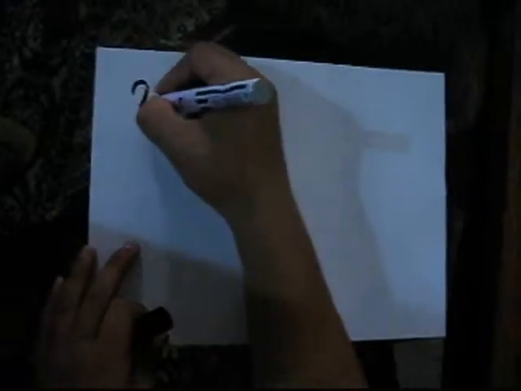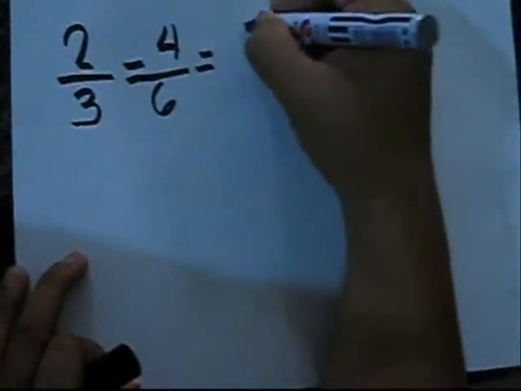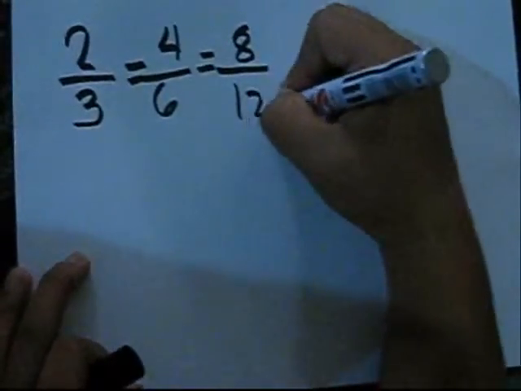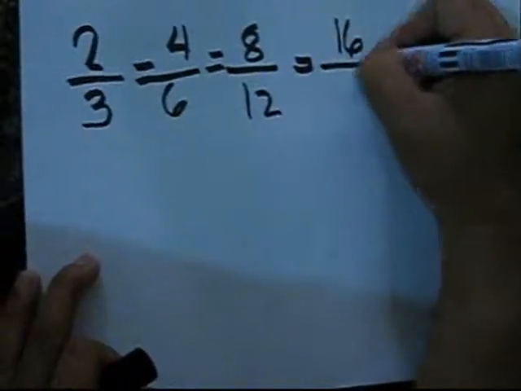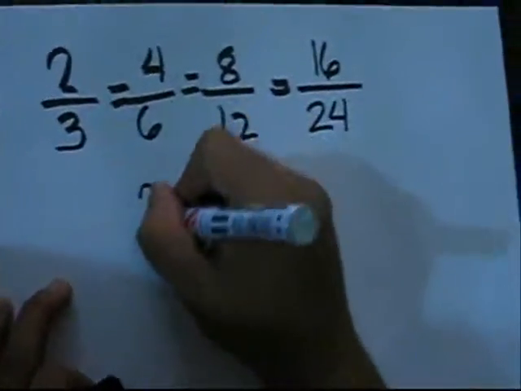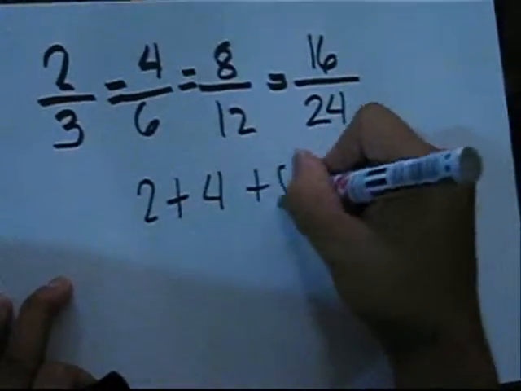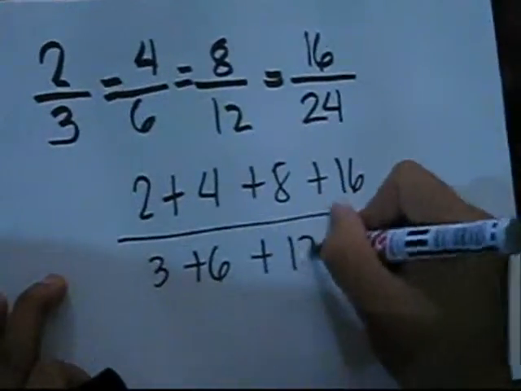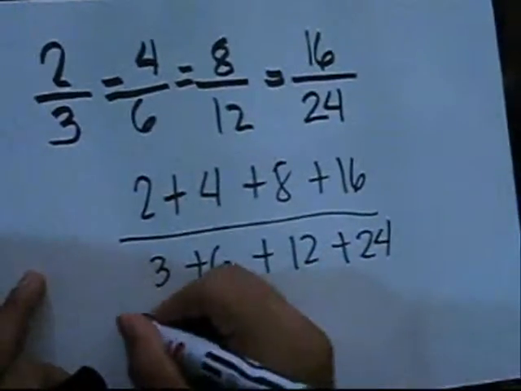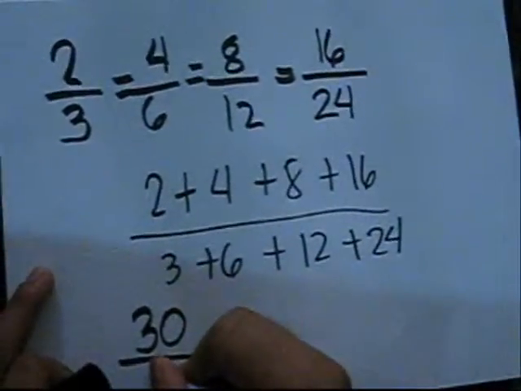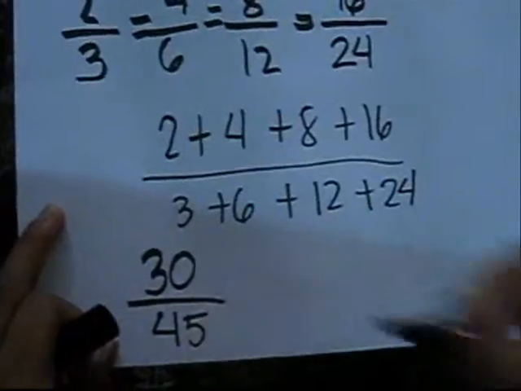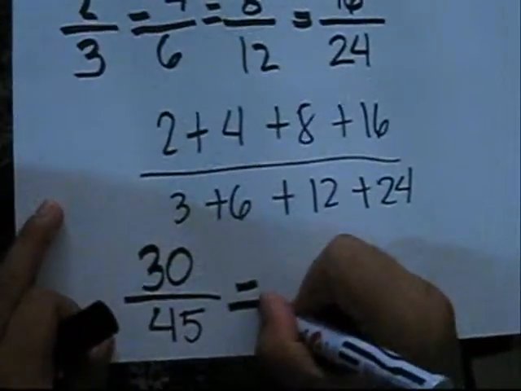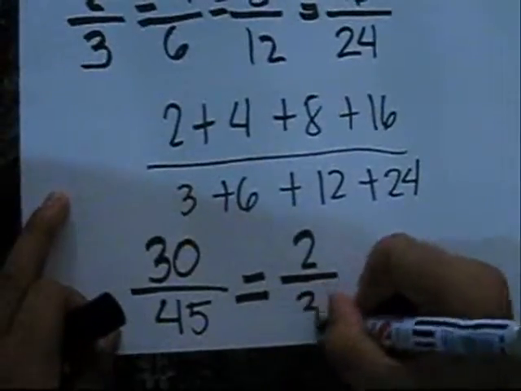Let's take this one as an example. If 2 is to 3 as 4 is to 6 as 8 is to 12 as 16 is to 24, then 2 plus 4 plus 8 plus 16 all over 3 plus 6 plus 12 plus 24 equals 30 over 45, which is also equal in its lowest terms as 2 is to 3, or 2/3.